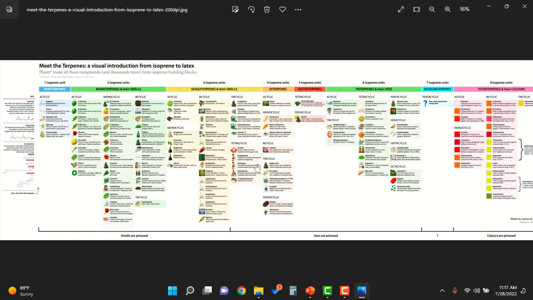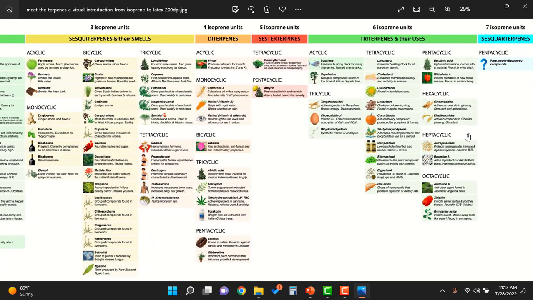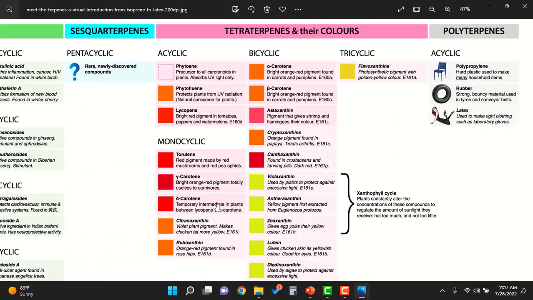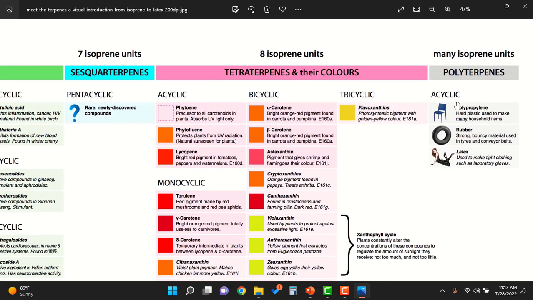So many amazing things. Actually, I'm going to show you a table that I found. This is a really cool table I found that breaks down the different isoprene units and the terpenes within, as well as what we use them for. So going from 1 to 8 and plus was one of the coolest ones that I just didn't realize.